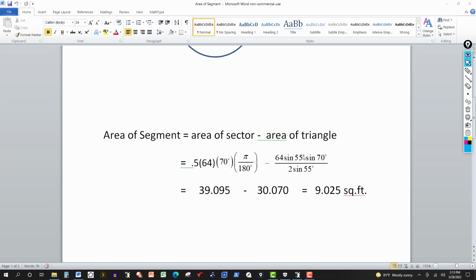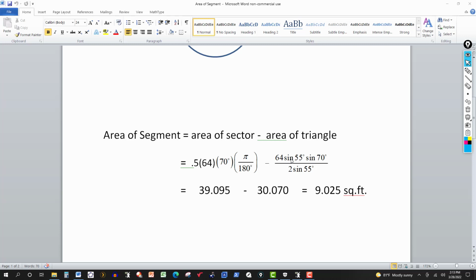And then the formula for the area of a triangle when you're given all three angles and all you need is one side. You can compute the area. So it's the given side squared, which was 8, the radius, 8 squared, 64. Then on the bottom you have 2 times the sine of the angle opposite that given side, which is 55.